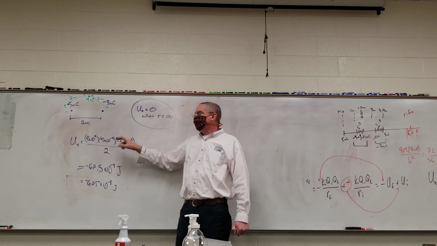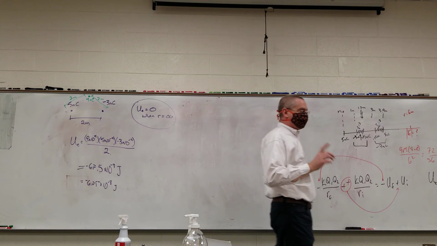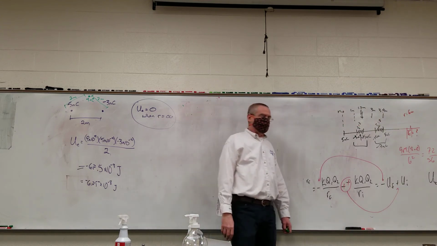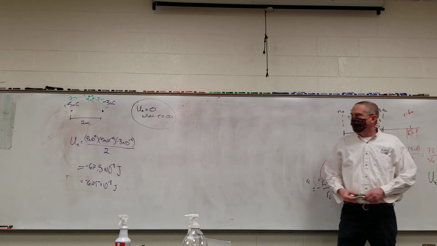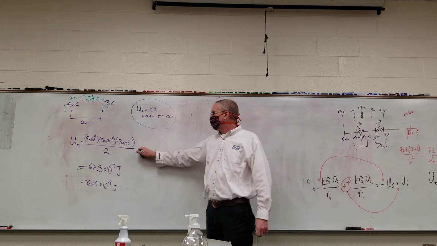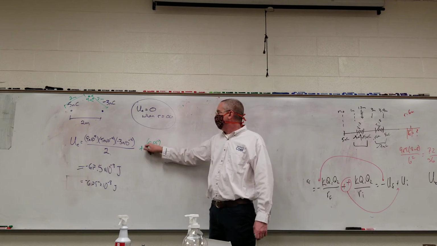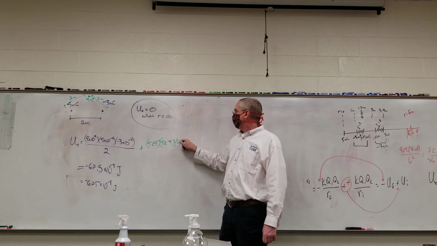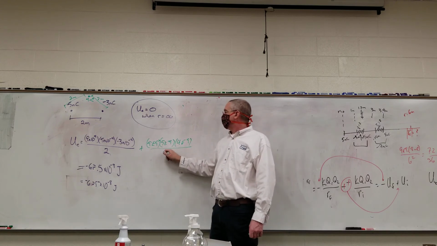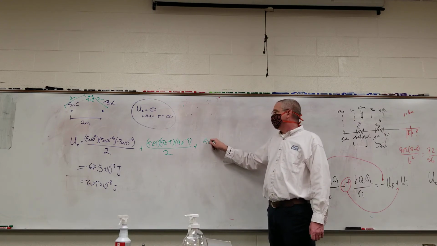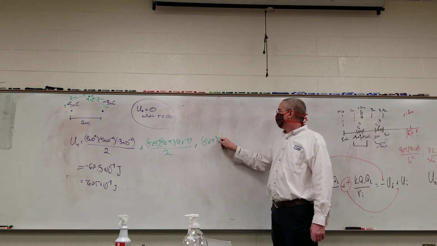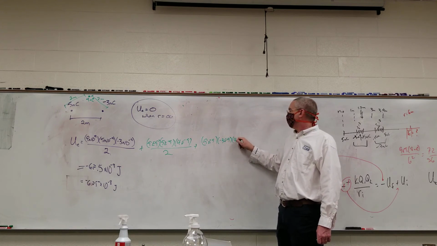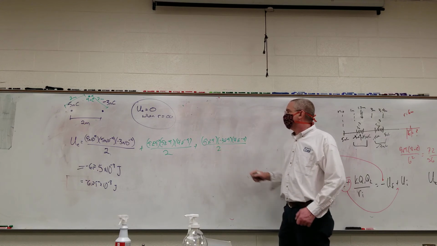So plus, do keep track of the plus and minus signs. There's no direction here, but the negative sign does have meaning. Typically, negative potential energy in a situation like this means that there's an attraction going on. So plus 9E9 times 5E-9 times 4E-9 over 2, plus 9E9 times -3E-9 times 4E-9 over 2.